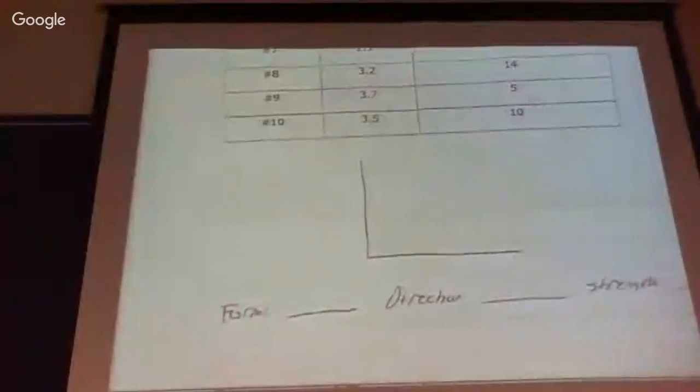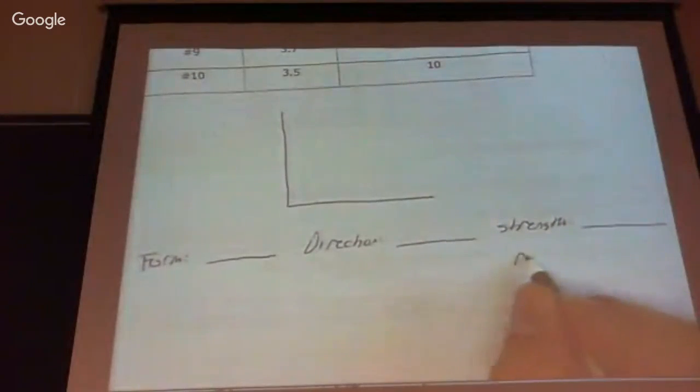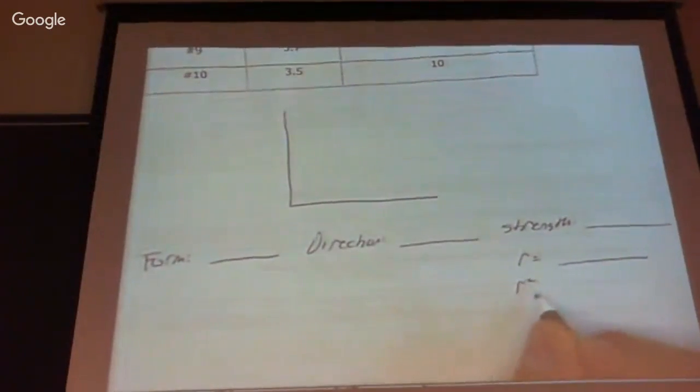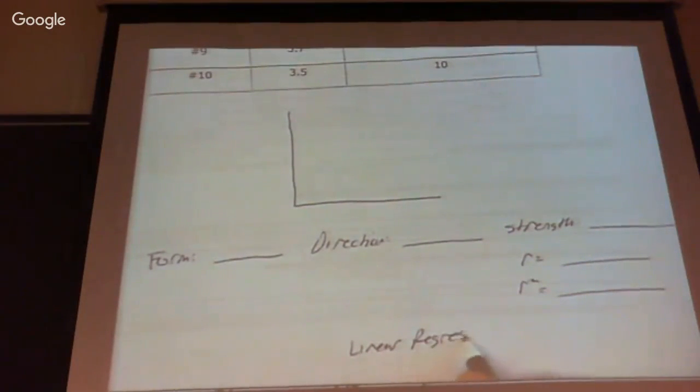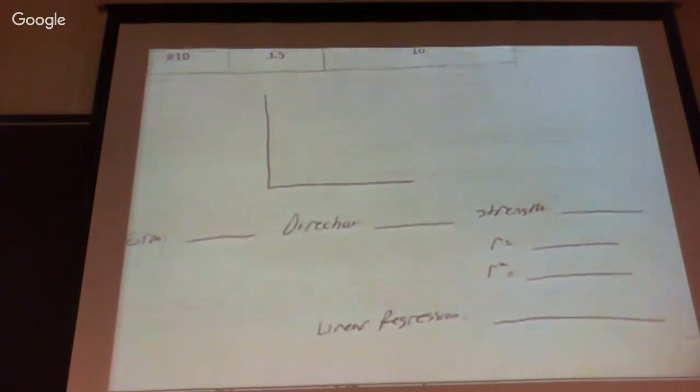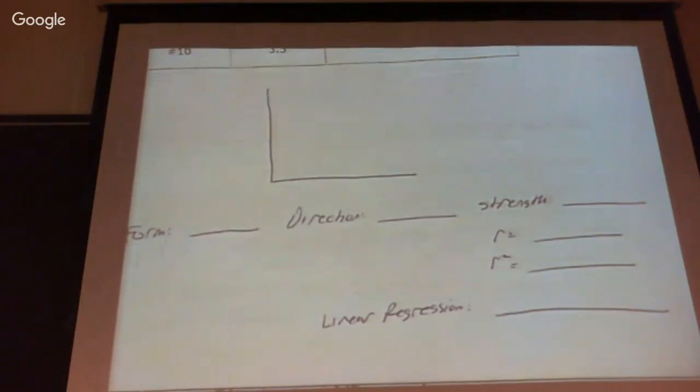Along with strength, you can find your R and your R squared. And I also want linear regression. So for next week, you're going to work on the mechanics: how to get the dots, how to get the line.